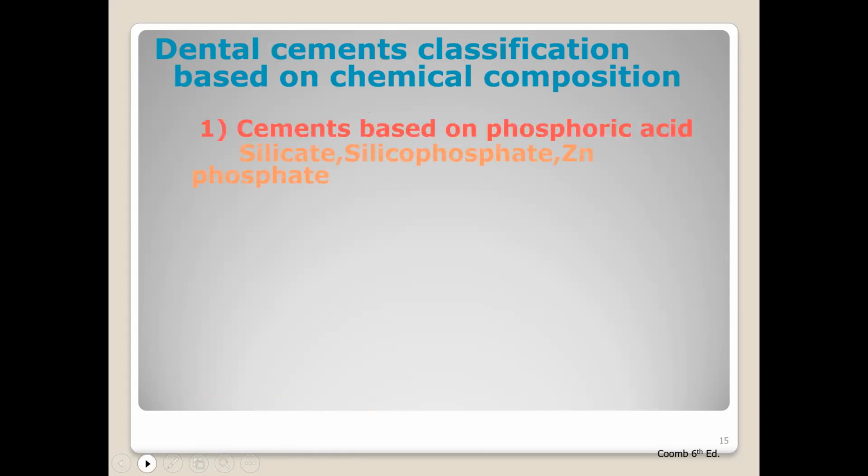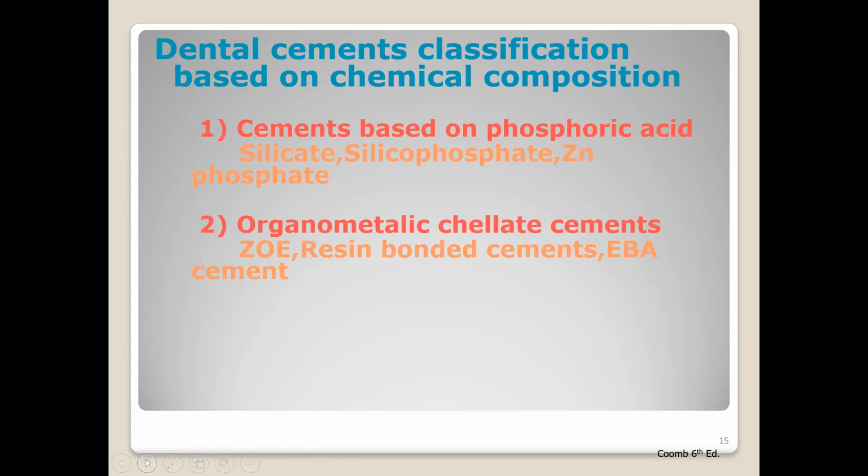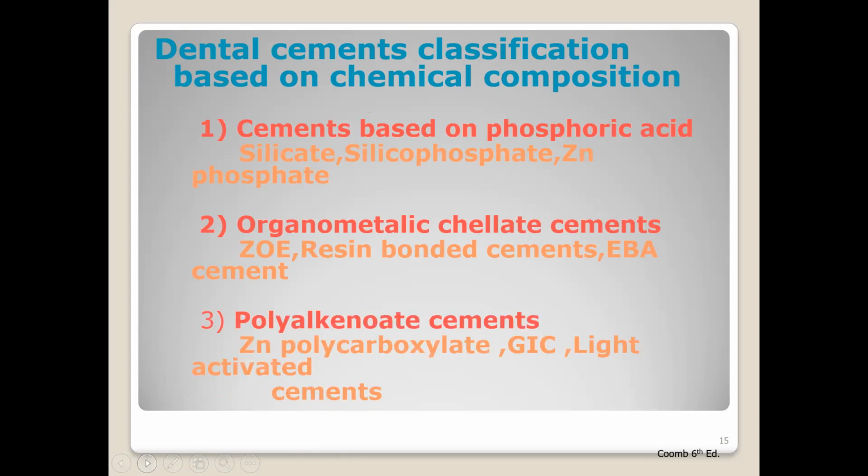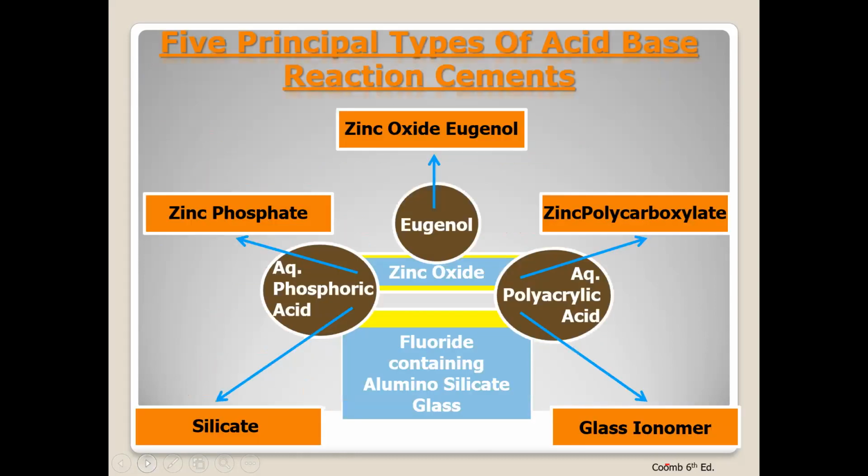Again, the same thing based on composition: the phosphoric acid base, organometallic chelate base, polyalkenoate cements, and resin cements. Then what is here? We have two components of a cement, one is the powder component and one is the liquid component. What is seen in blue is mainly the powder component.